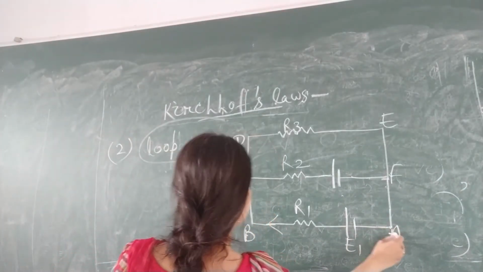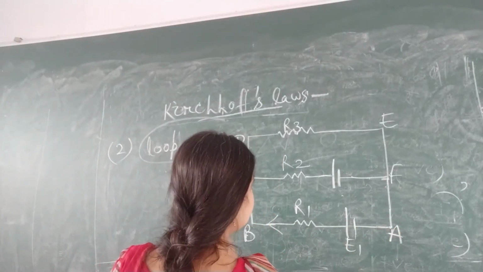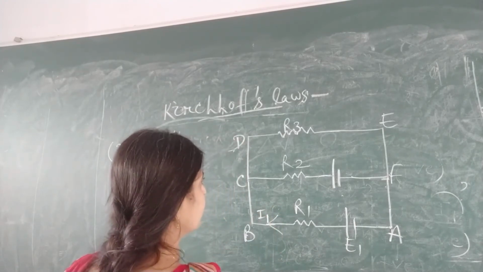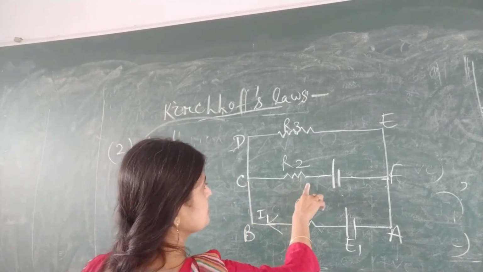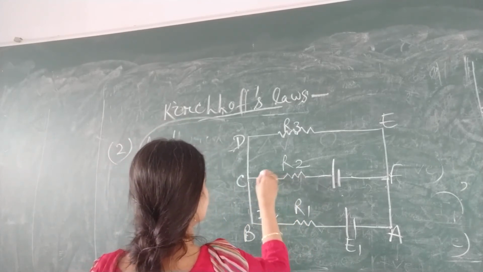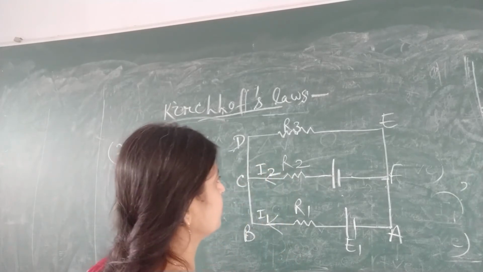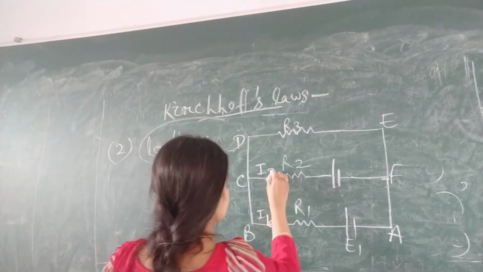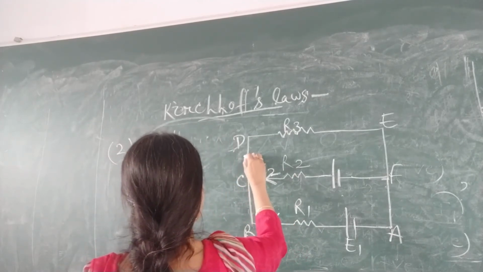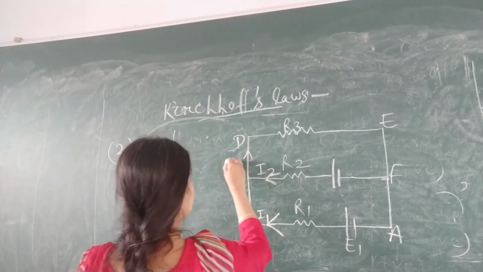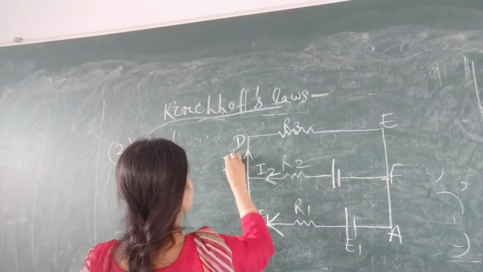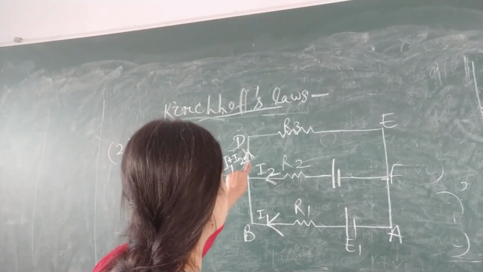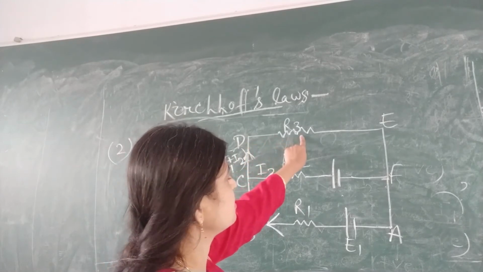Now, for this A, B, suppose the current is here I1. And for resistance R2, suppose the current is I2, and mark the directions. This is I2 and here I1 plus I2, and the direction is from C to D through the resistance R3.